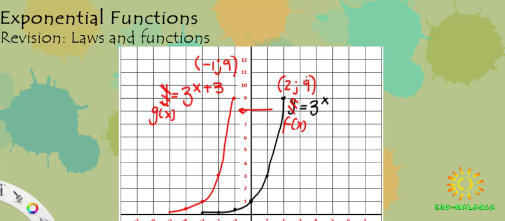Let's continue and calculate by how much the graph has moved to the left. You have 9, so you have the same y value. You've gone from x being 2 to -1. To move from x is equal to 2 to x is equal to -1, you must move by 1, 2, 3. So you've added 3, and what you've done is you've moved the graph to the left by 3 units as well.